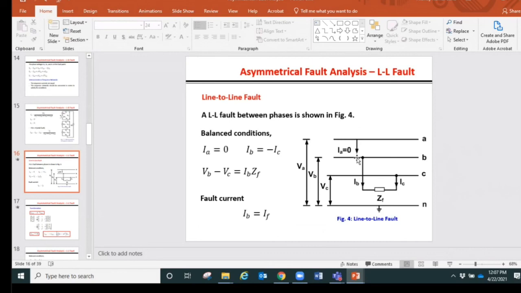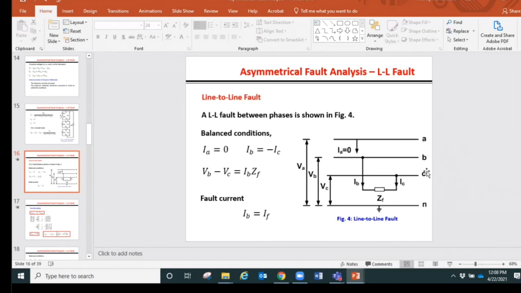We label that one as B and then this one will be C. So we change the labeling in such a way that the sequence, meaning positive or negative sequence, is not changed, like what we did in the previous case.